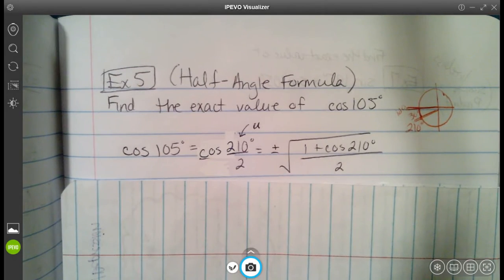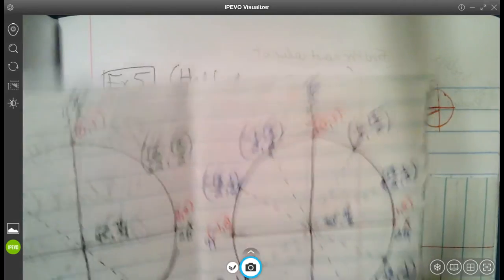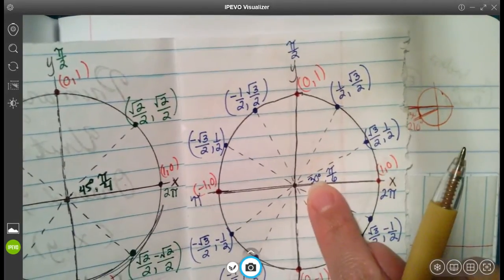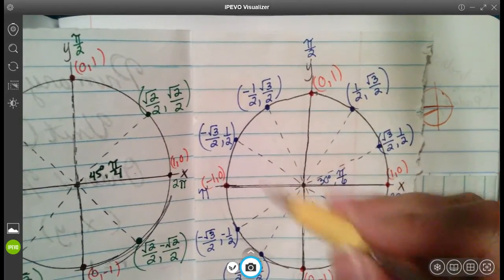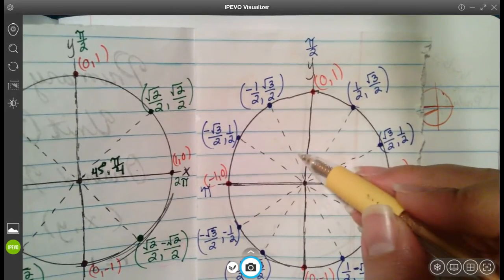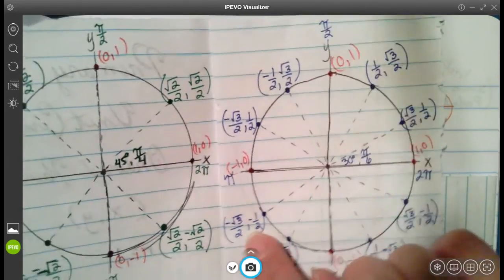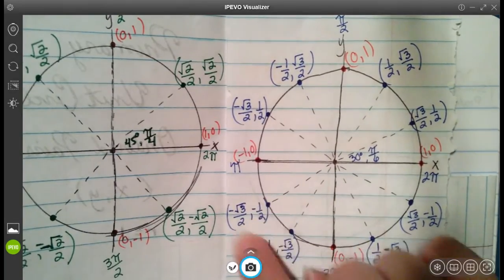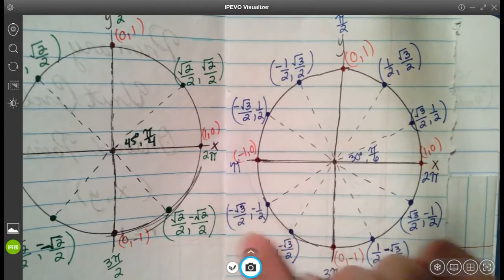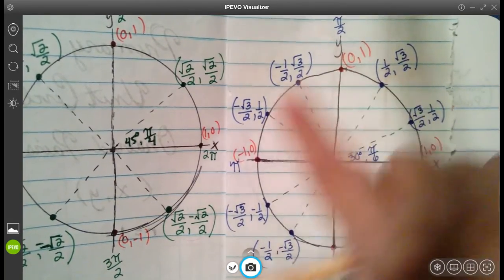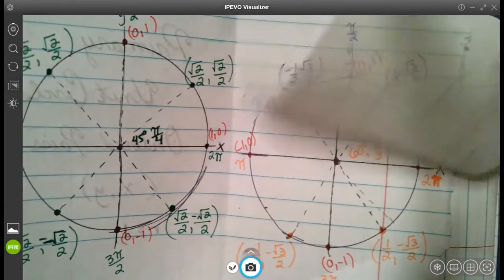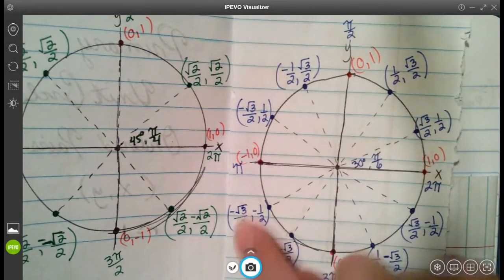And if you look at our little foldables over here, this one in particular, where 30 degrees is, if we go all the way around 30, 60, 90, 120, 150, 180, 210, we have the coordinates for 210. So that's why 210 is a preferable angle. Any angle that you have on any of these circles, we have coordinates for. That's why we like to use them.